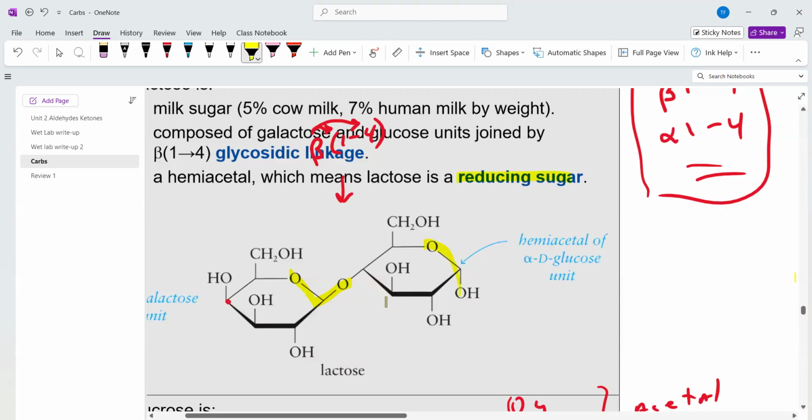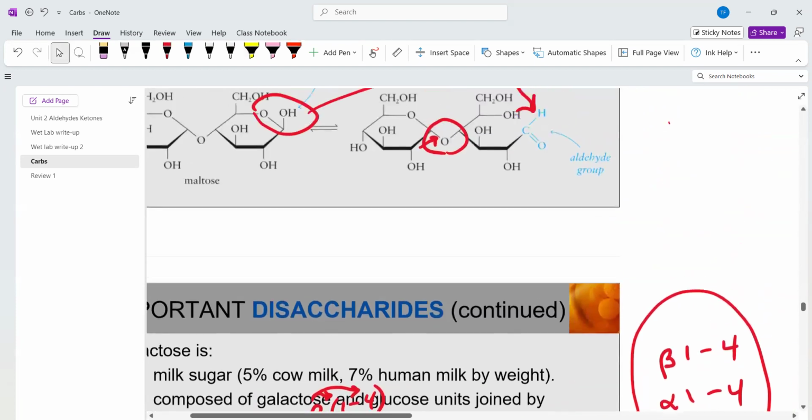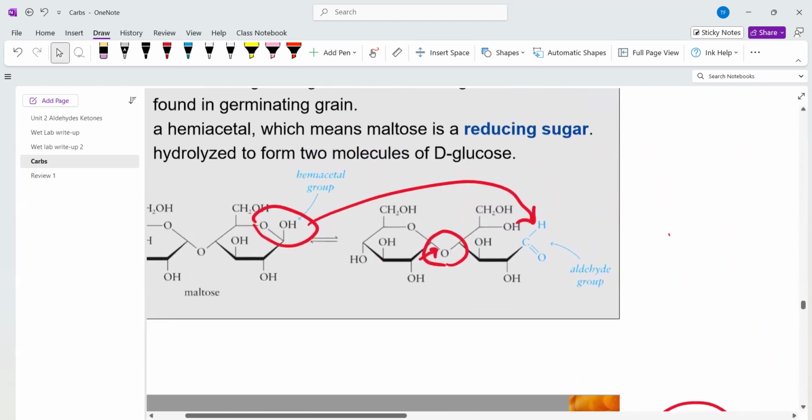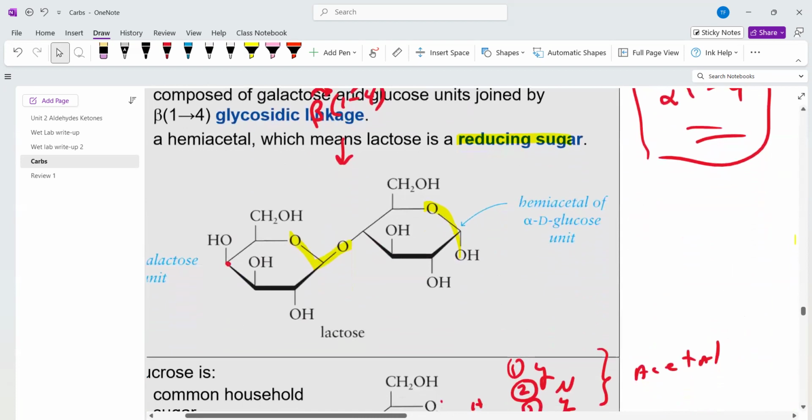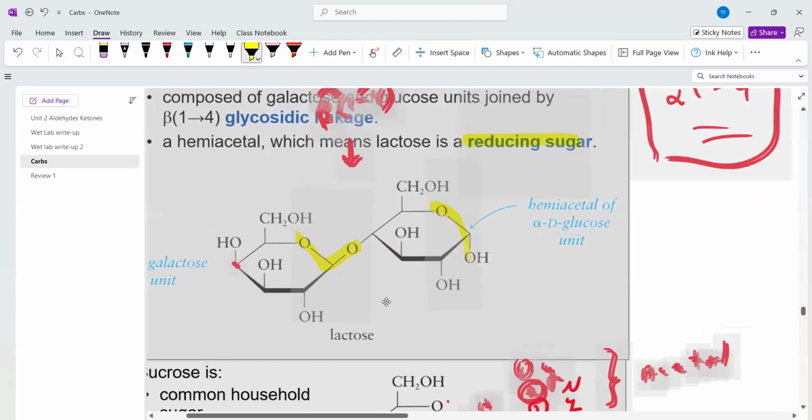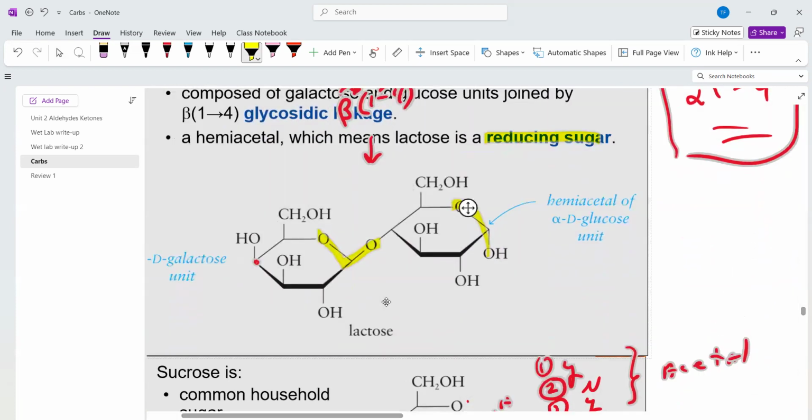But look at the linkage here compared to that linkage. That's a V shape, meaning alpha. And this is kind of like going up, beta, because this starts with a beta OH group here on the left. So now the linkage is going to be beta 1,4.